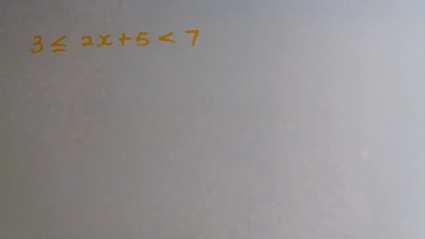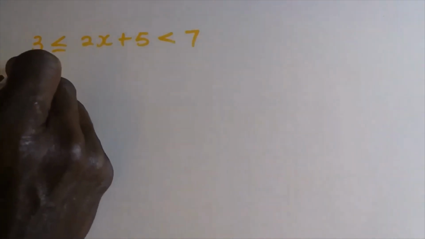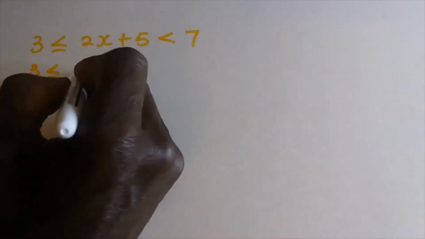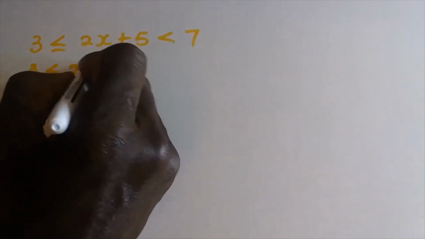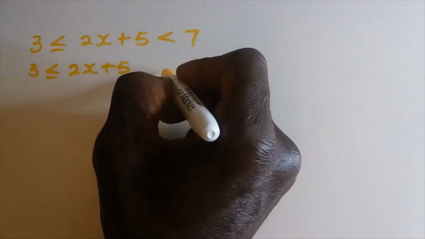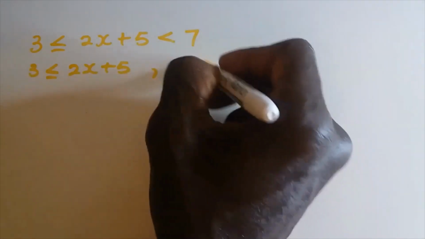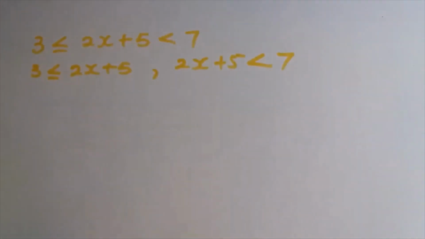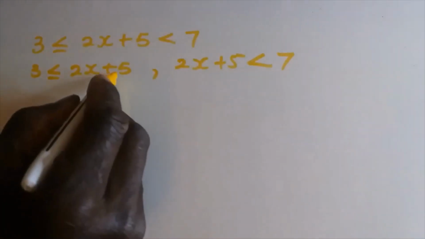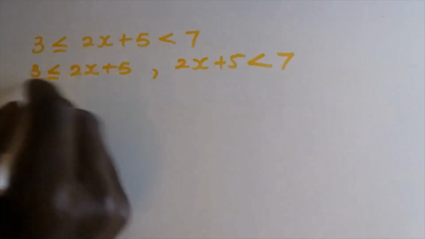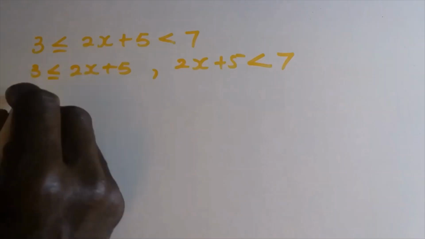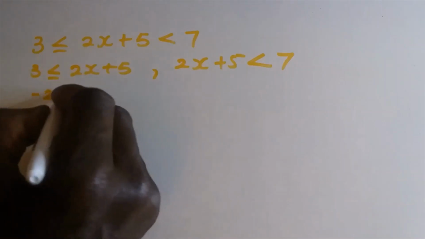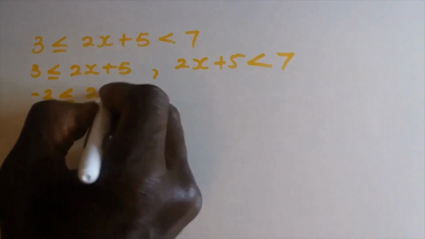Here's our next inequality. Again, we have 3 less than or equal to 2x add 5, and the other inequality is 2x add 5 is less than 7. Now we simplify this, we add negative 5 to both sides, which gives us negative 2 is less than or equal to 2x.